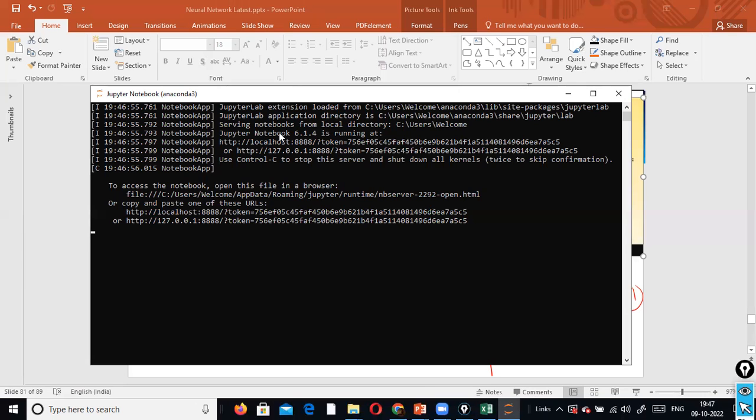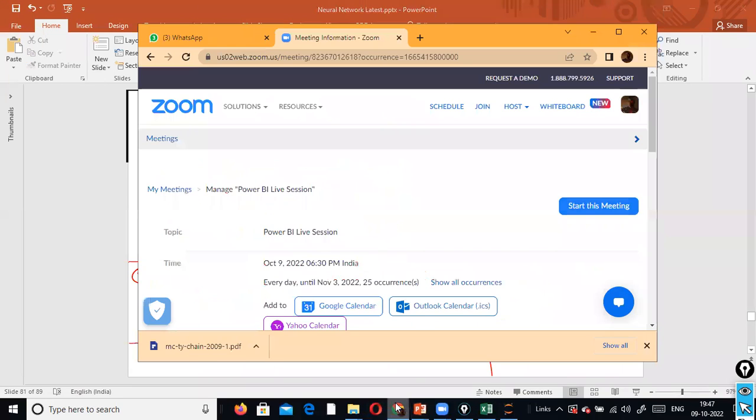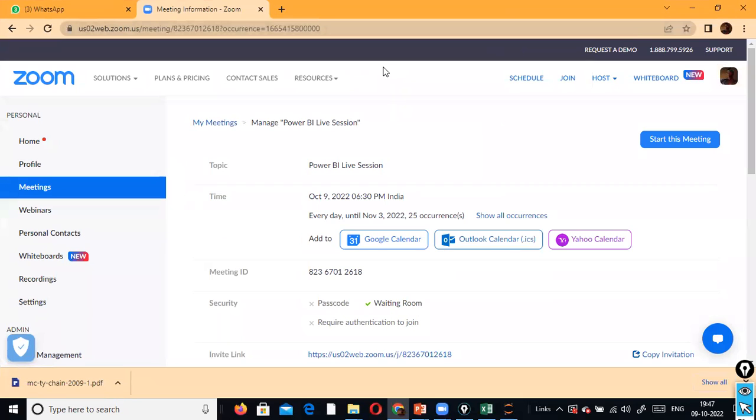What is Keras? Keras is an API to your TensorFlow. TensorFlow was developed by Google. They have something called the Tensor Processing Unit. How many of you know the GPU? GPU is a graphical processing unit. The graphical processing unit is much faster than your CPU, 100 times faster.